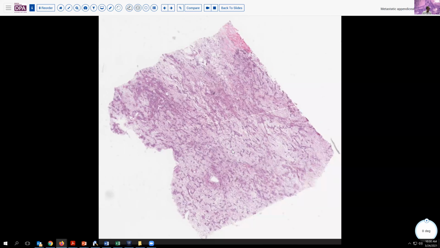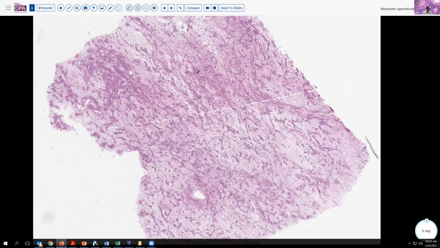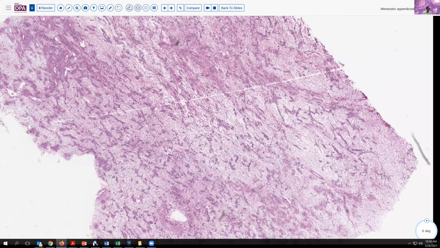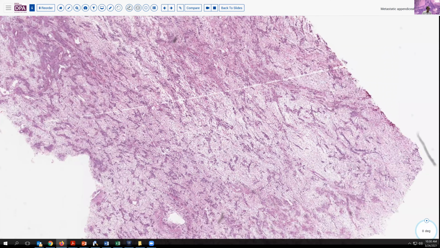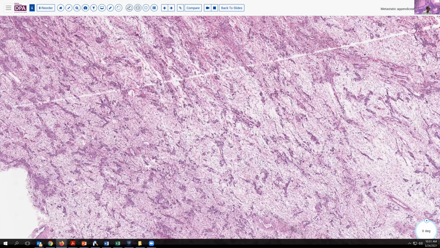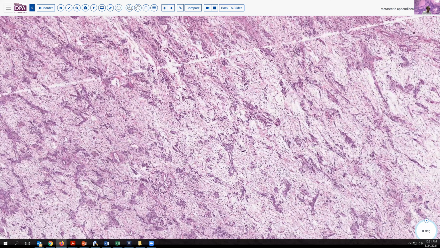Here's another pattern that can be seen in this metastatic disease pattern. And notice here that it has this sort of anastomosing chorded pattern that looks at low magnification very much like a pseudovascular pattern with little strands of interconnecting tissue that look very reminiscent of small vessels.